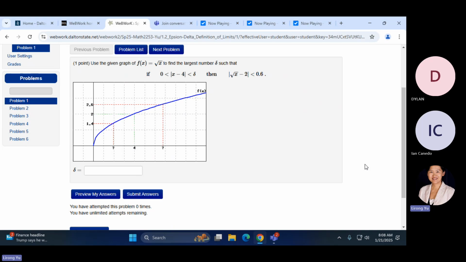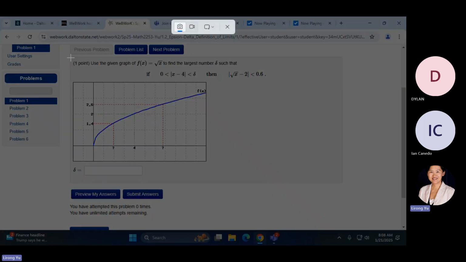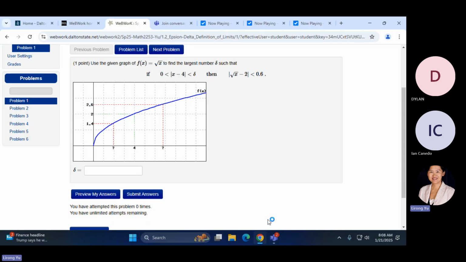It's fine. So the process is to figure out how to prove the limit of root of x: if x is closer to 4, then root of x is closer to 2. Essentially, this is the process of proving the limit of the root function.